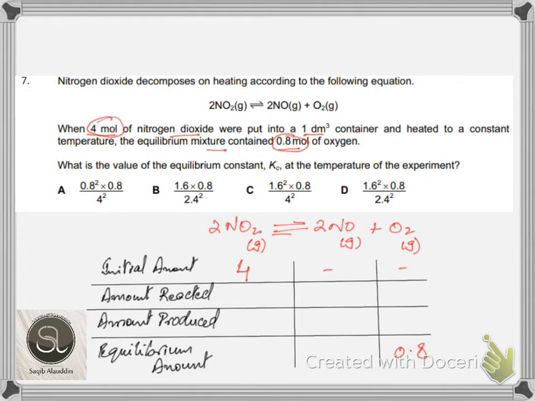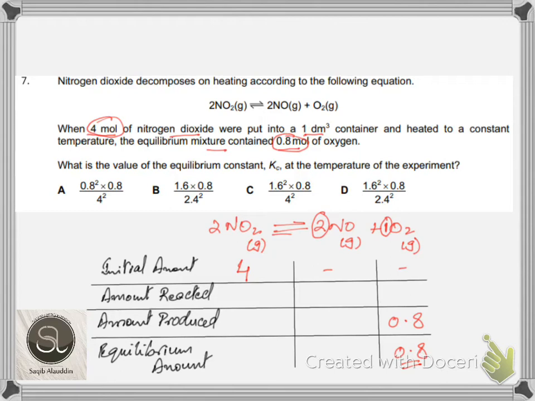Now remember, since we had absolutely nothing initially of oxygen and at equilibrium you have 0.8 moles, all 0.8 moles were produced during the reaction. So I've written 0.8 moles of O2 being produced. Now look at this. The ratio of oxygen and NO is 1:2.